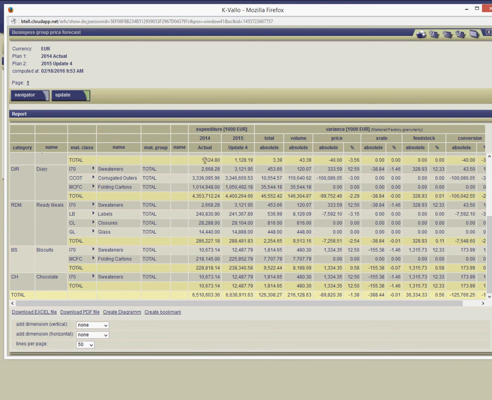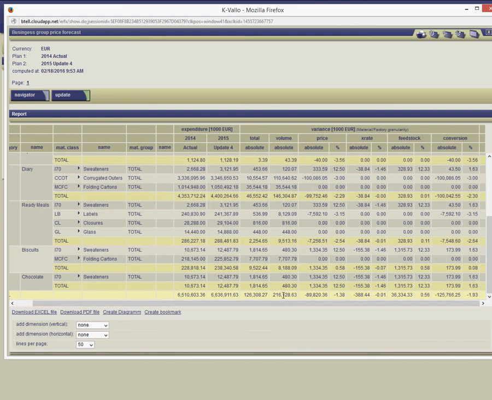It means we know the difference in expenditures in total, which is the difference of the two expenditures, and we can split the difference of the expenditure through volume effects and price effects, and split open the price effects to X-rate effects, feedstock effects, and conversion effects.